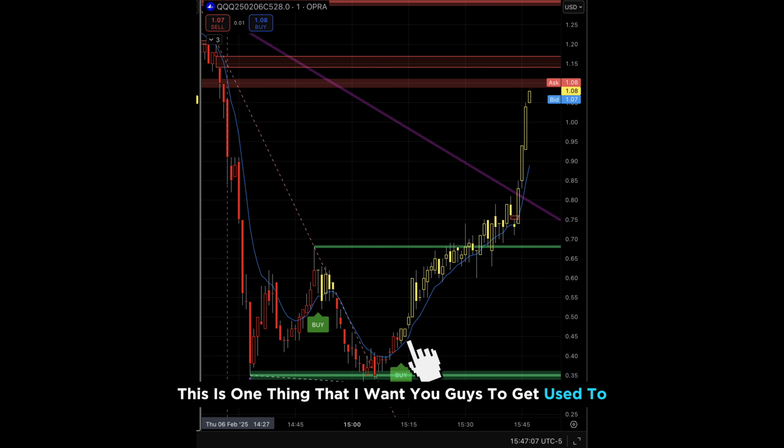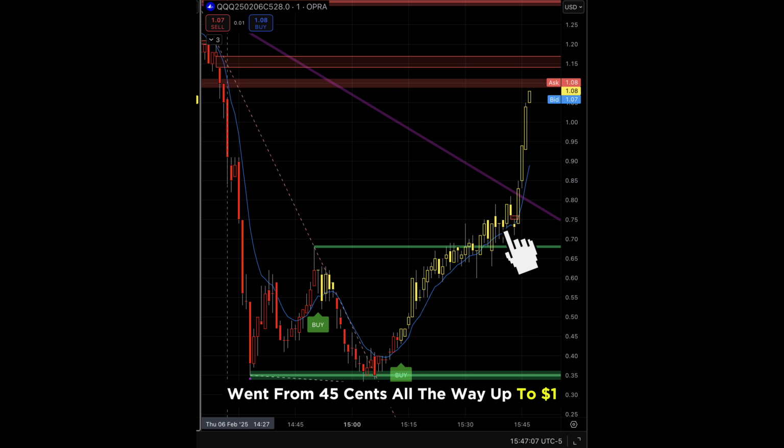So this is one thing that I want you guys to get used to. And remember, this is just one random trade, right? If you lose 10 cents, 20 cents, 30 cents on this one trade, it really doesn't matter because the next trade could be much, much bigger and much better, right? Just take a look at this. This next trade afterward went from 45 cents all the way up to $1, giving you 60 cents.